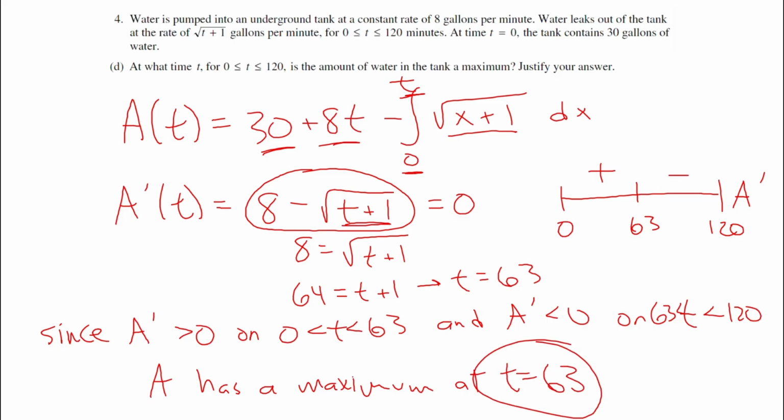And you get 3 points for that. 1 for just setting A prime equal to 0, 1 for solving for 63, and 1 for the justification. Don't just draw the sign chart, actually write out the statement that A prime is positive, then A prime is negative, and the change occurs at 63. And that is the end of this rate FRQ question number 4 from the 2000 AP Calculus AB exam.